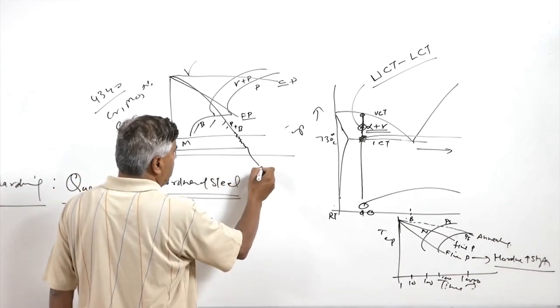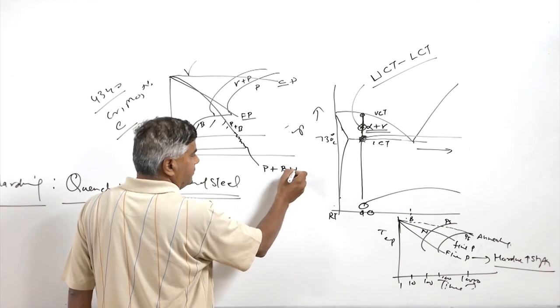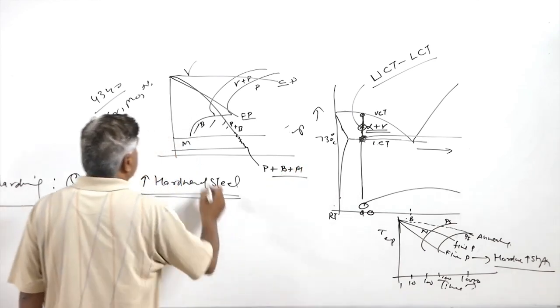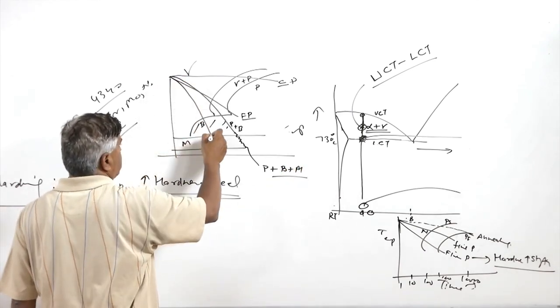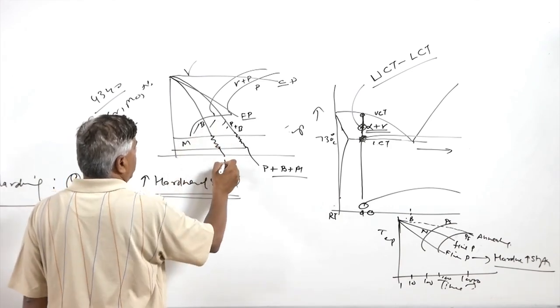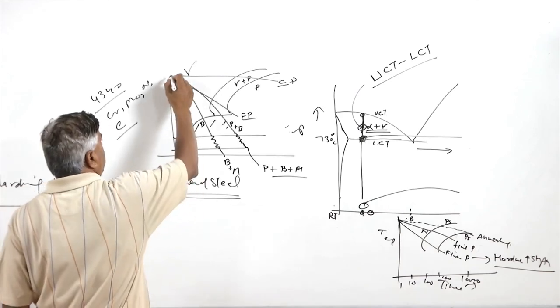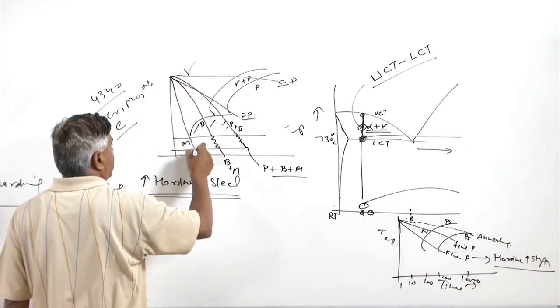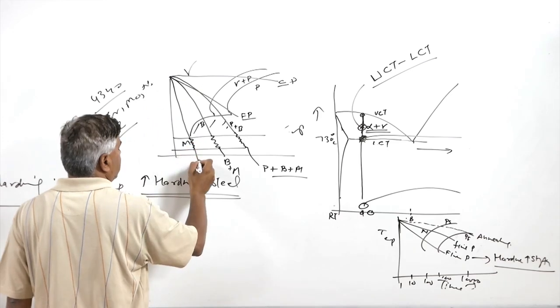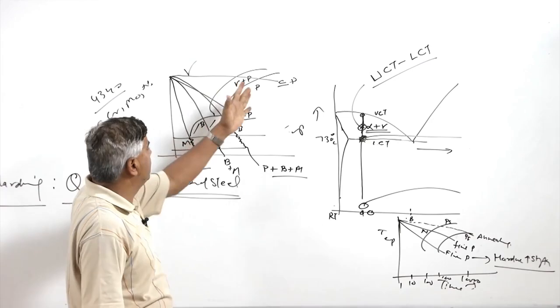So this will give us pearlite, bainite and martensite. And if the cooling rate corresponds to this one, it will give bainite plus martensite. And here, if the cooling rate is further higher, it will lead to the production of martensite only. So there are different cooling rates for different steels.